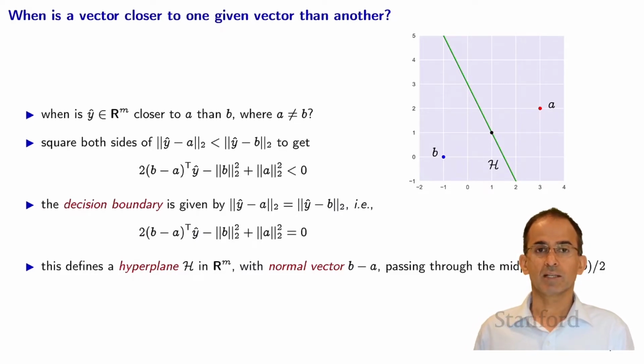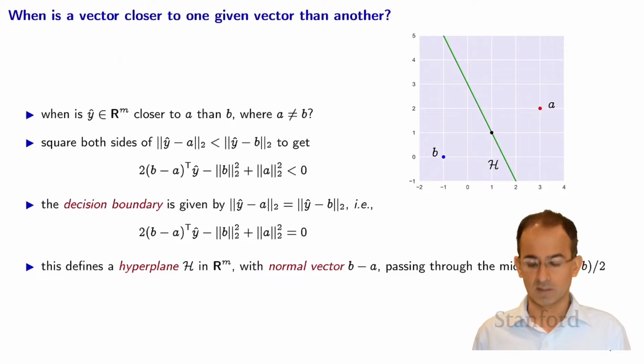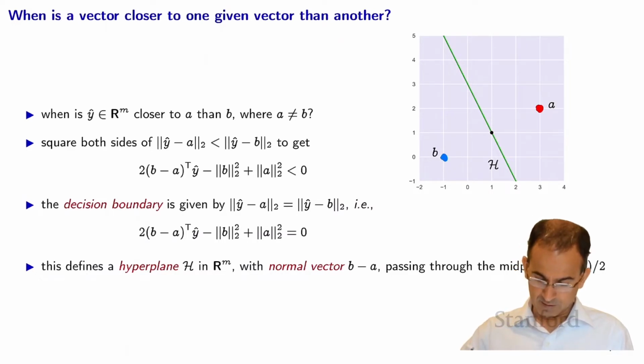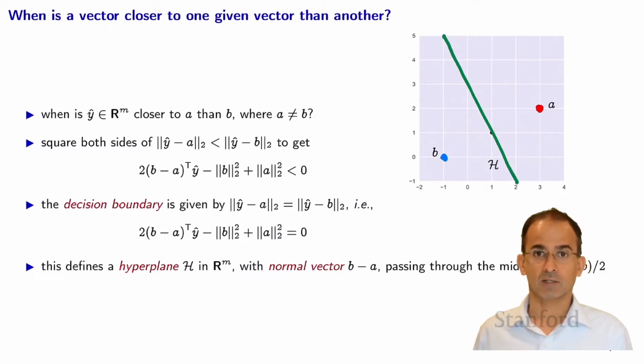So the first idea we need is simply to know when a vector is closer to one point than another point. So here we have 2 points. We have point A and point B. And we have here this green line, and this green line is the perpendicular bisector of those 2 points.